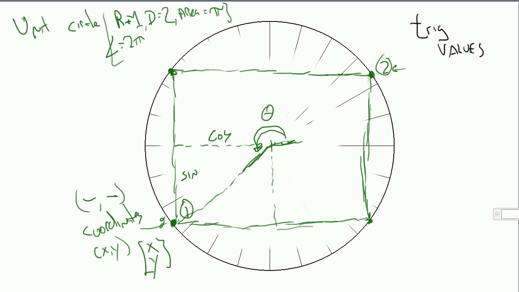Here in this quadrant, it is negative in the x and positive in the y. In this quadrant, they are positive in the x and negative in the y. And in this quadrant, they are positive and positive.